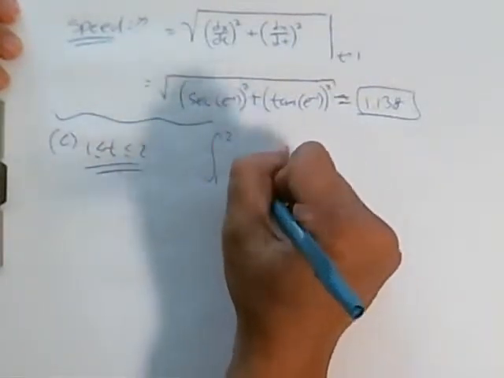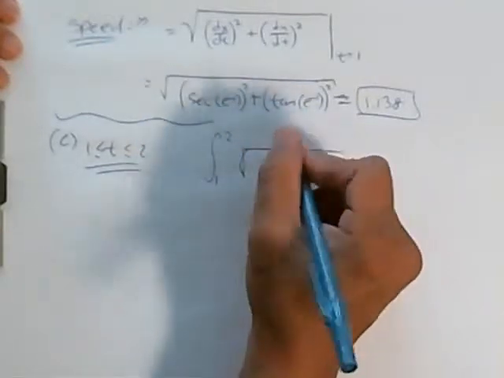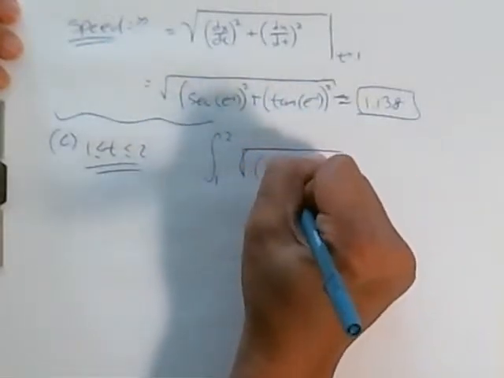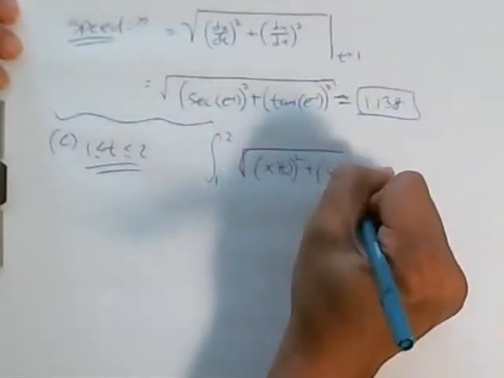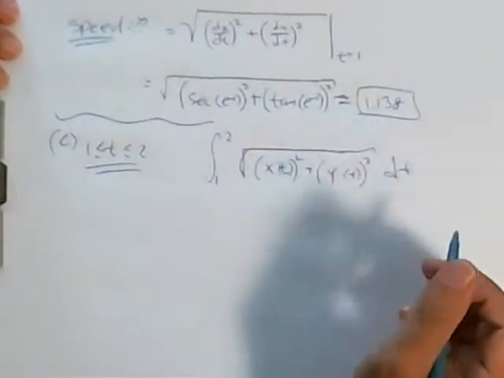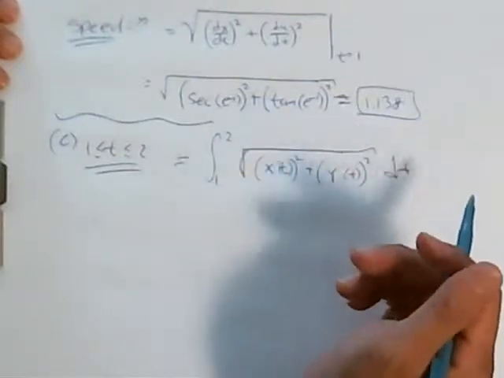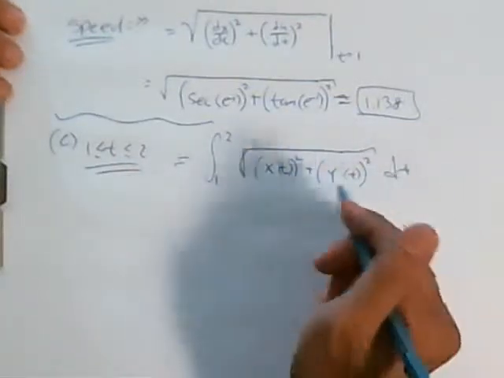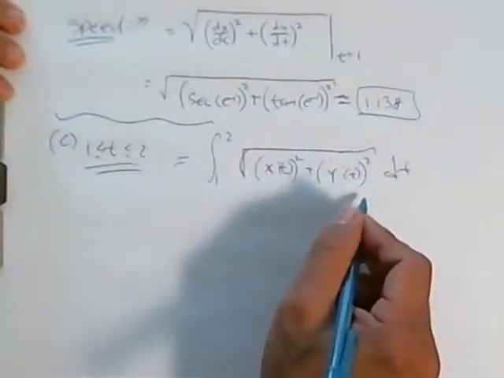If it's a parametric equation, it's the square root of x prime of t squared plus y prime of t squared dt. And we can't do this by hand, so we have to use a calculator. I'll show you how to calculate that a little bit later on. But anyways, let's do this problem.